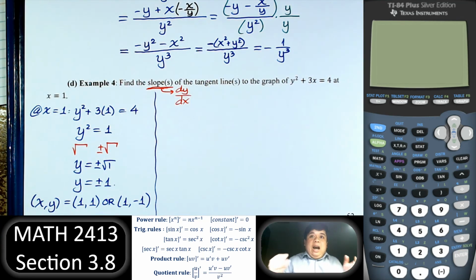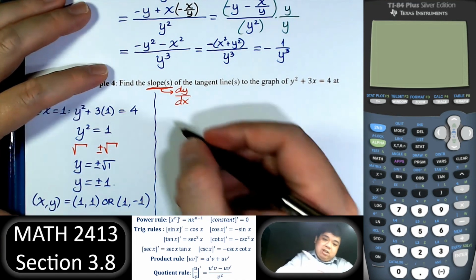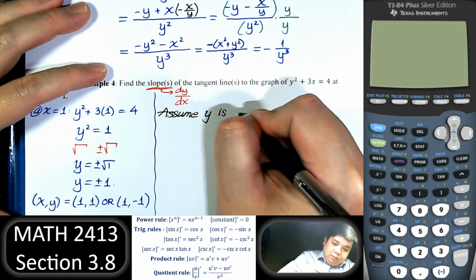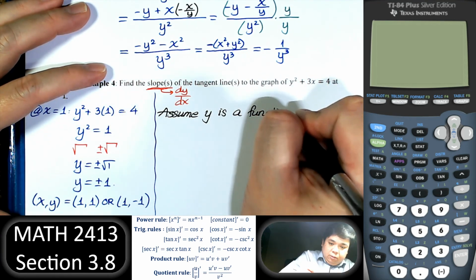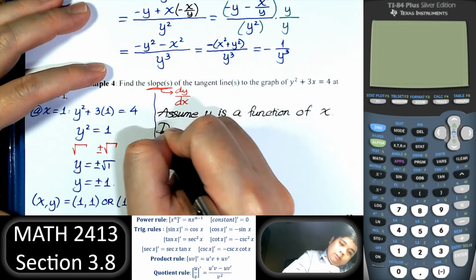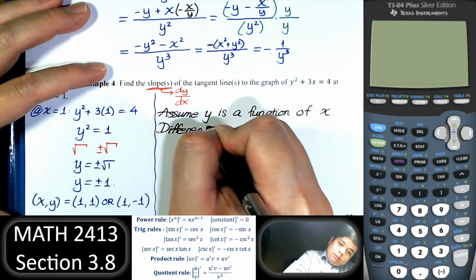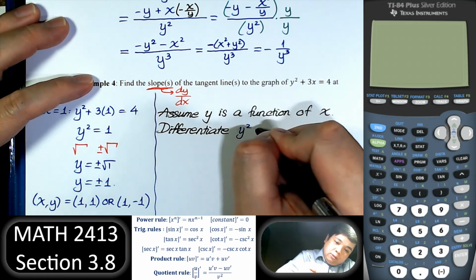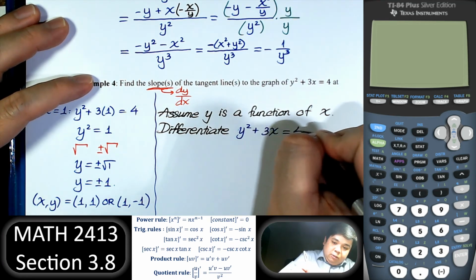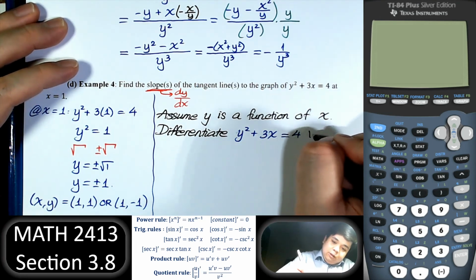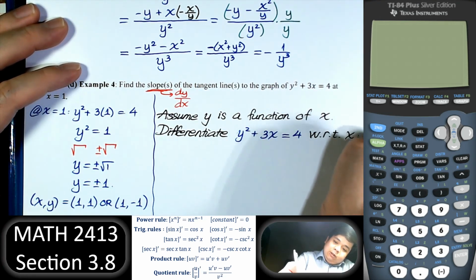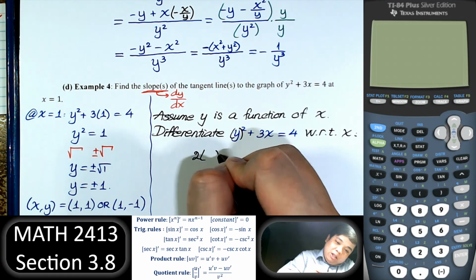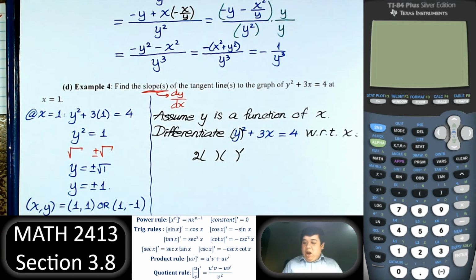So same thing. Assume y is a function of x. Differentiate that with respect to x. Y squared, derivative of y squared is 2 times the parentheses, because y is a function of x.